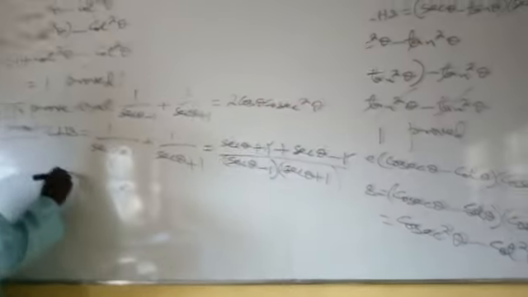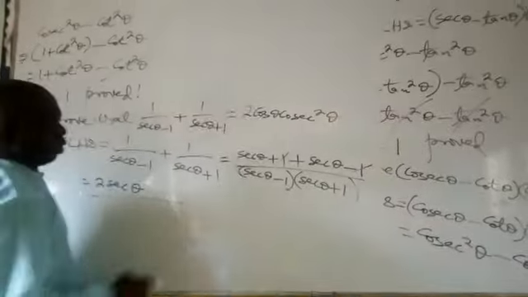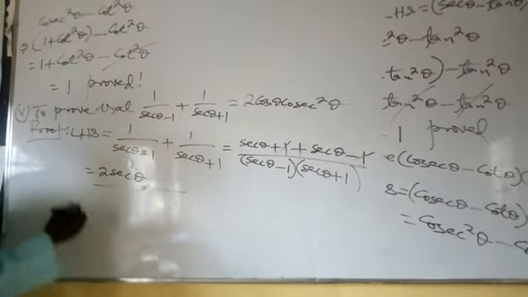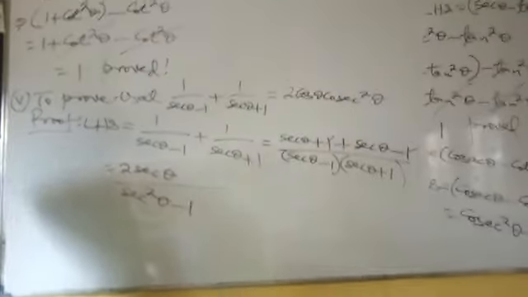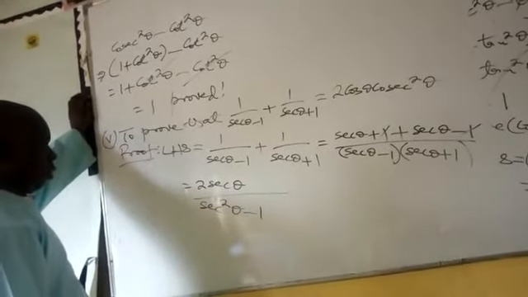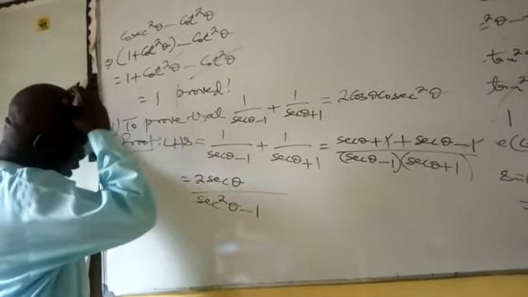So that is going to give me 2 sec theta over, if I expand the denominator, sec square theta minus 1. Now, how can I introduce a negative sign here?